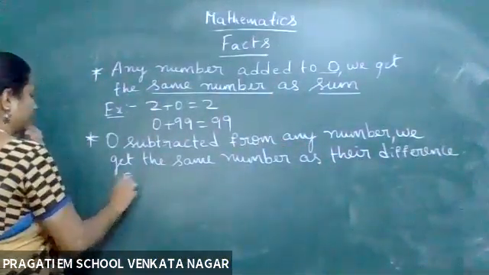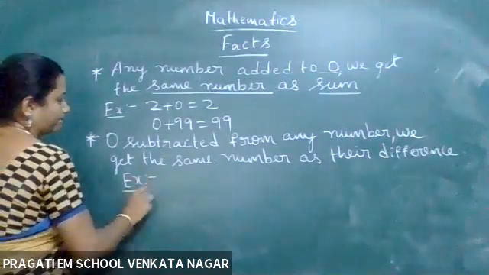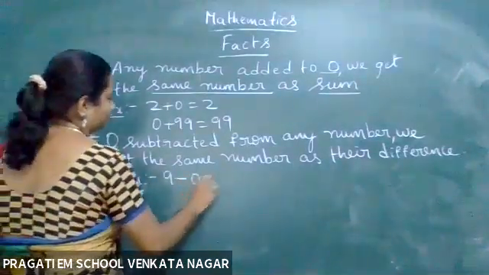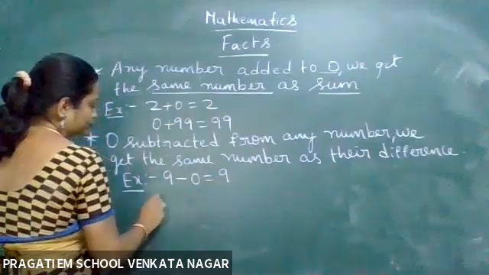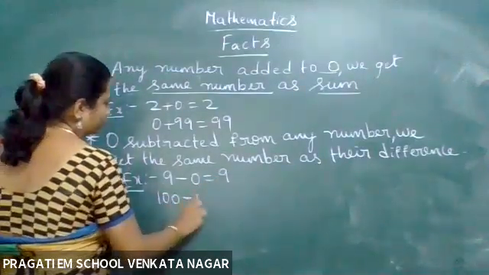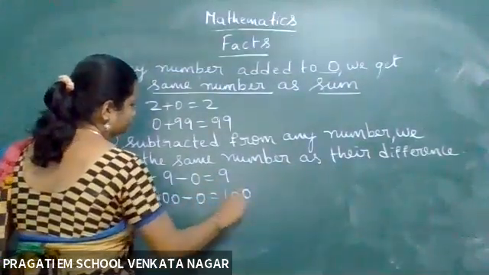Like example, we have 9 minus 0, you get 9. 100 minus 0, you get 100 itself.